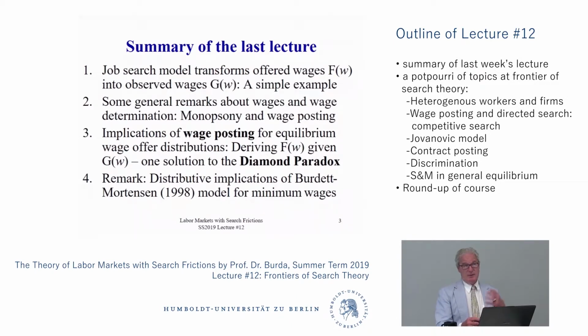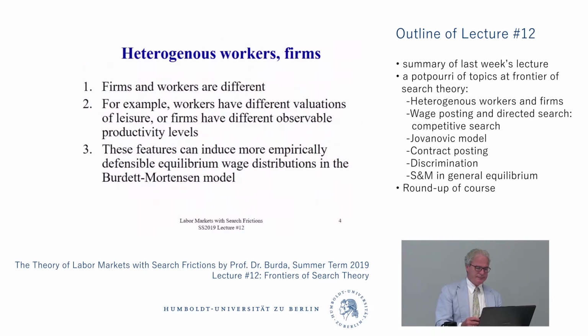Maybe you talk to diehard neoclassical economists, and they say, well, we haven't had a recession yet. But still, if firms are paying marginal product, there should be some jobs that get destroyed by raising the minimum wage. We haven't seen that yet, so perhaps we need to rethink our logic about the effects of minimum wages. In any case, it's an implication of this very interesting model, so you should keep that in mind.